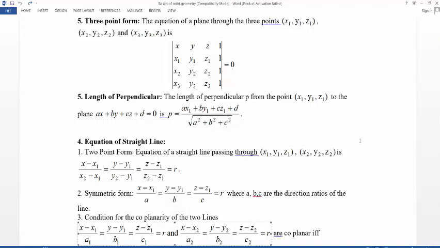The distance of that point from the plane, we have to draw the length of perpendicular. That length of perpendicular is given by the formula ax1 plus by1 plus cz1 plus d, whole divided by the square root of a square plus b square plus c square.